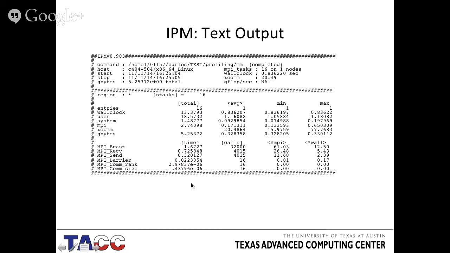With IPM here, you can already see that there are many calls to MPI broadcast, and that this call is taking 12.5% of the total execution time, okay? So you really want to check if you need all these broadcasts here.